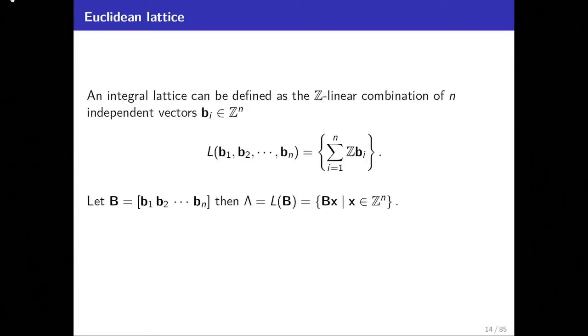Okay, so a very quick introduction on lattices, because we only use lattices now. Integral lattices are the object that we are interested in in this talk, because I want the computer representation to be efficient. So this is an integral linear combination of vectors b_i, where each b_i comes from Z^n.